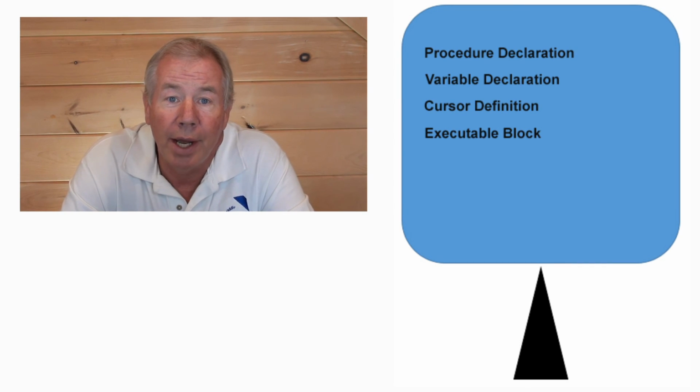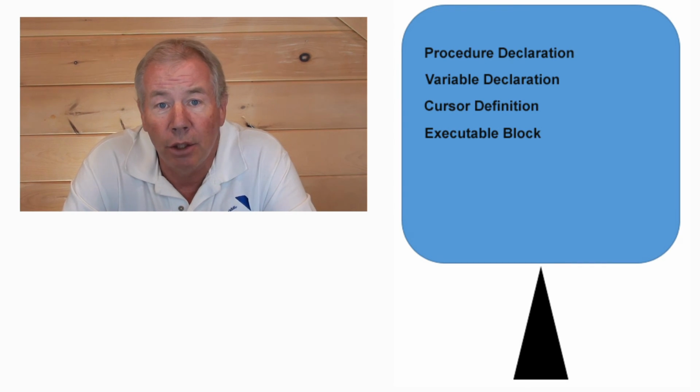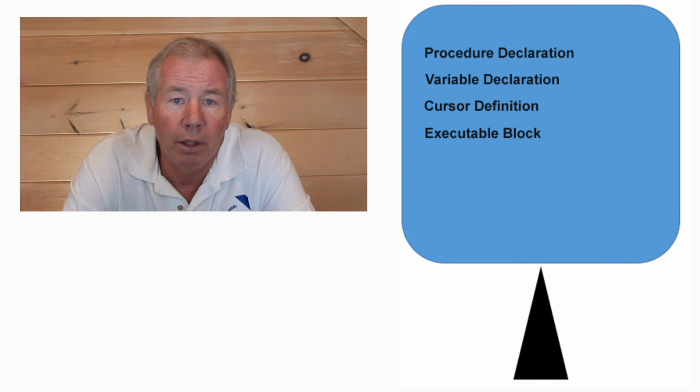We then looked at delineating the executable block with a begin and an end procedure name. Everything inside is executed as part of the procedure, including the exception clause. So that is considered part of the executable block.